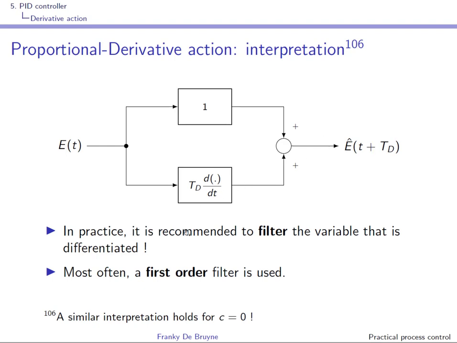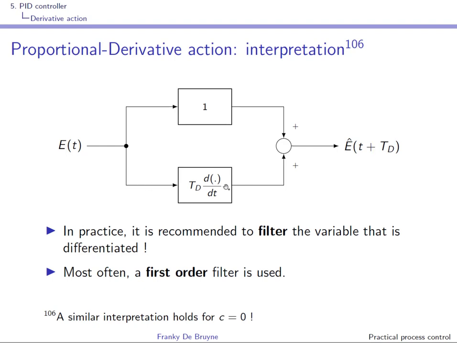In practice, it is recommended to filter the error, because otherwise the derivative action, the pure derivative, will amplify the noise. Remember that there is noise on the control error. This noise comes from the fact that the control error is set point minus PV. PV comes from a sensor, so there will be high frequency noise on PV.